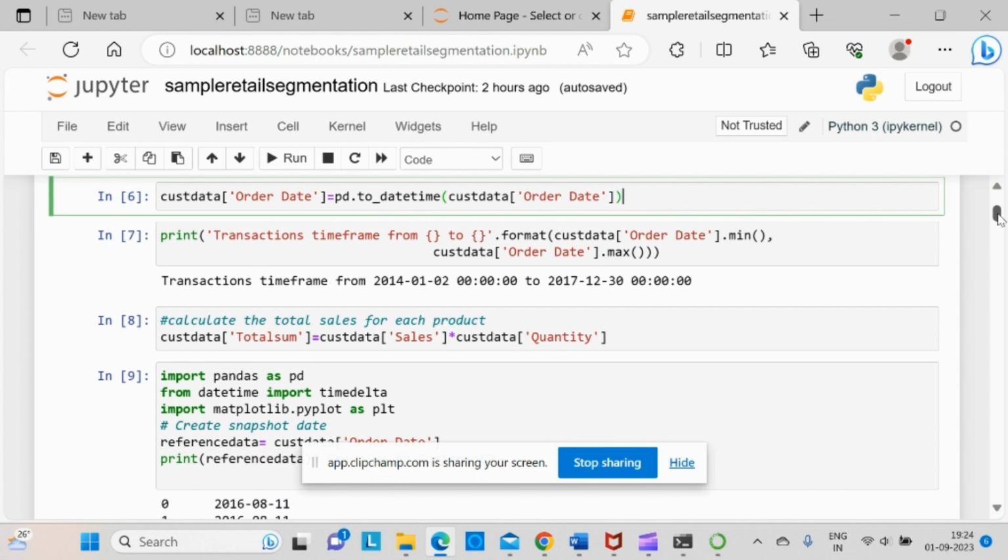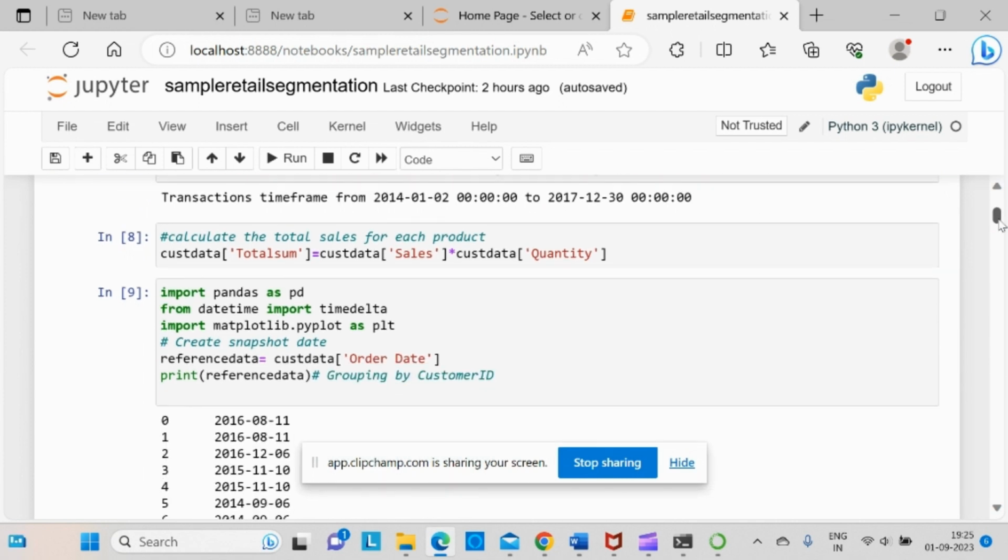So first thing we have to look at is the cumulative sales, or the total sum of sales, or the total value of sales generated against each customer ID for different products and different transactions, right? So we will have to keep a reference date.